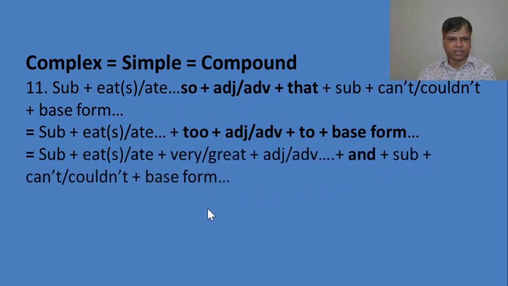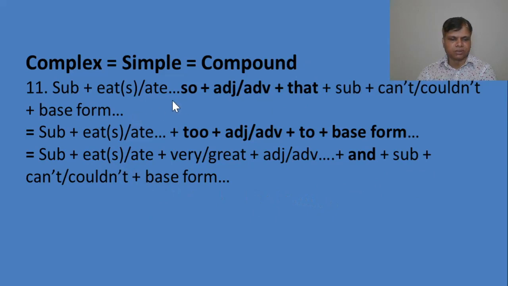If you want to make it a compound sentence, we have to use very or great instead of so. Then we have to use adjective or adverb and rest of the sentence. Then instead of that we have to use and rest of the sentence.